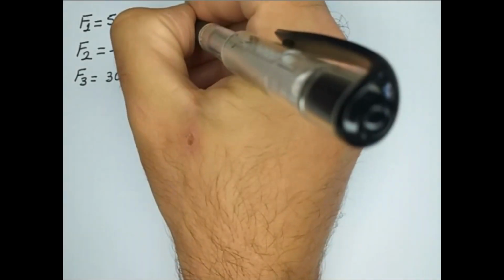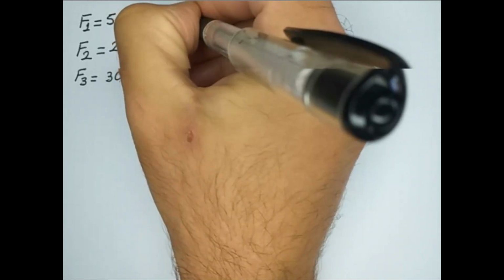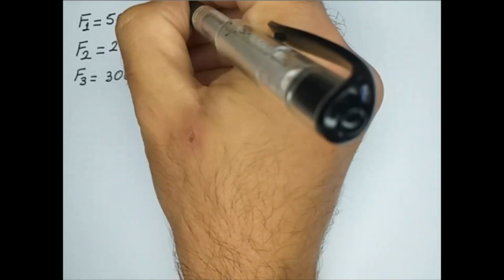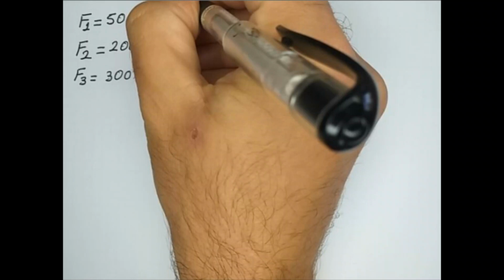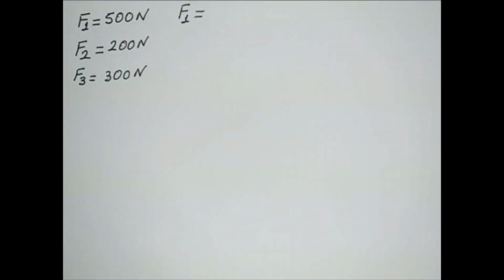Therefore, I can write it like this: F1 multiplied by cosine alpha 1 i vector plus F1 multiplied by cosine beta 1 j vector plus F1 multiplied by cosine gamma 1 k vector.